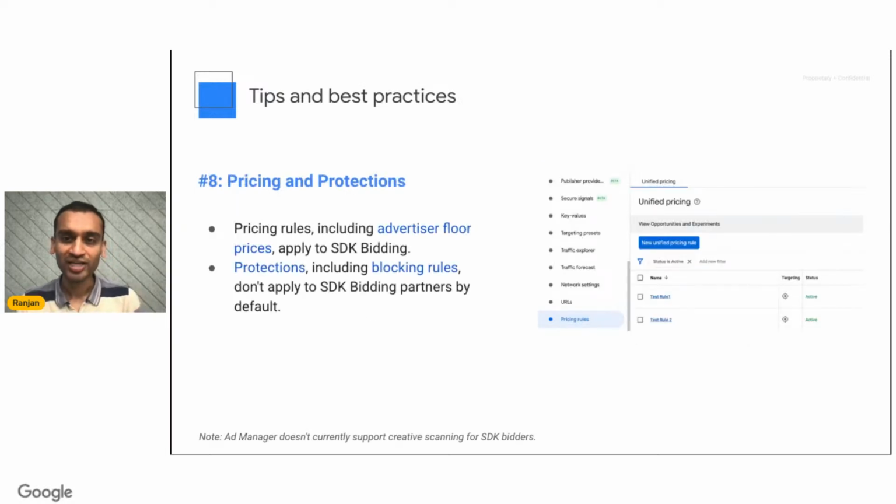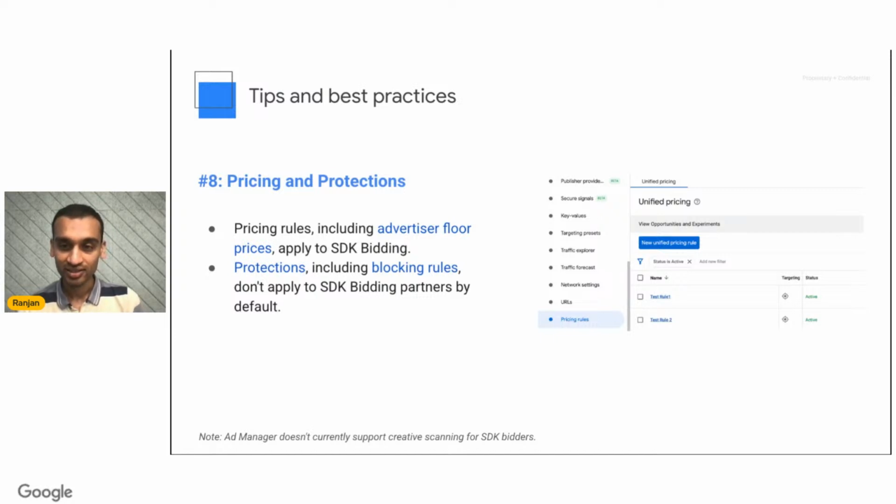Then moving on, pricing rules like those for advertiser floor prices are applicable to SDK bidding. So you can continue to use your unified pricing rule strategies the same way you might be currently using. However, protections like blocking rules don't automatically apply to SDK bidding partners.